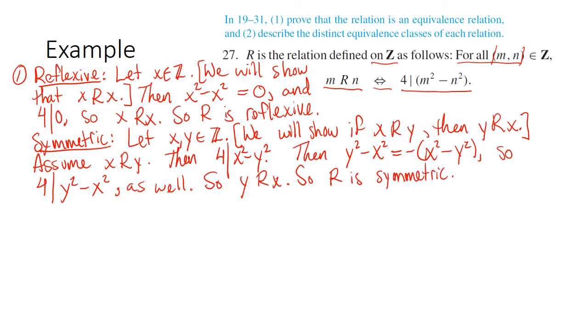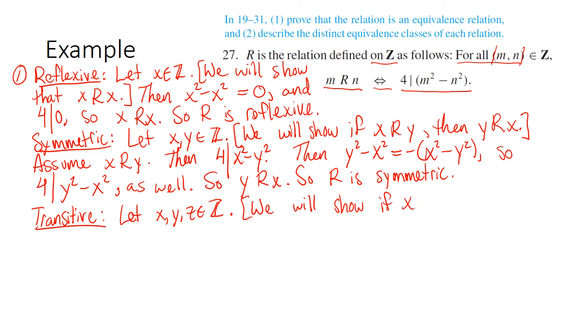Okay. And now let's do transitive. Now I need 3 elements. So let x, y, z be elements of the integers. And we will show the following: if x is related by r to y, and y is related by r to z, then x is related by r to z as well.